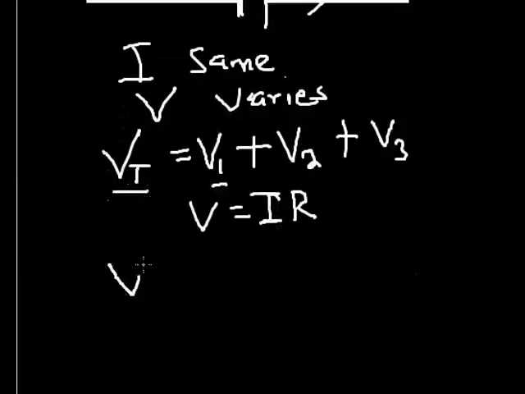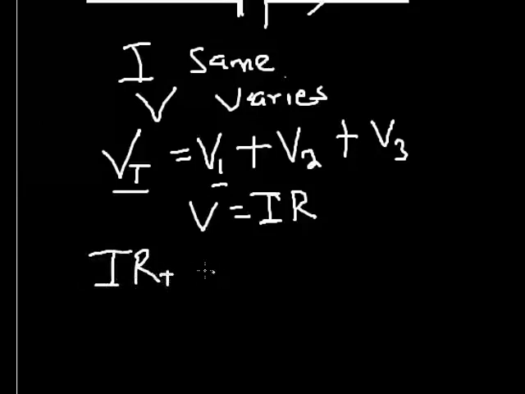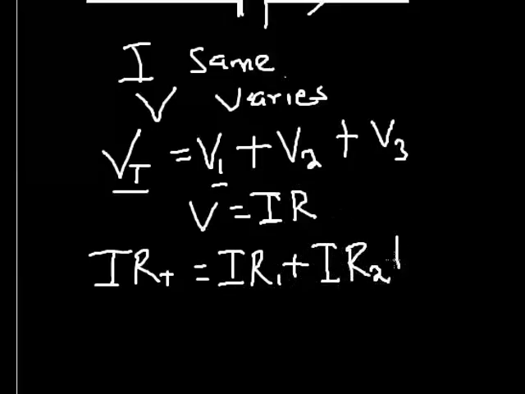For V total, I'm gonna have I times R total, which is equal to I multiplied by R1, then plus, remember I is the same, I multiplied by R2, then for V3, I multiplied by R3, because V is IR and I is the same for series connection, okay.